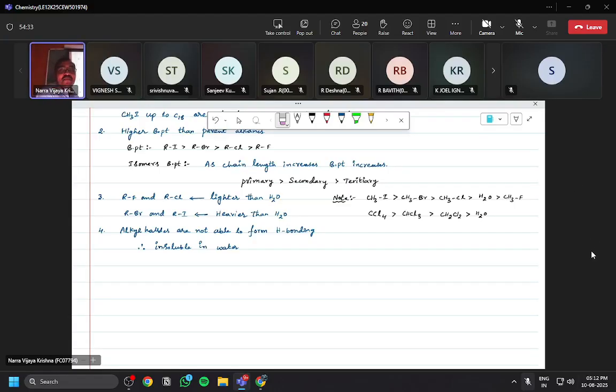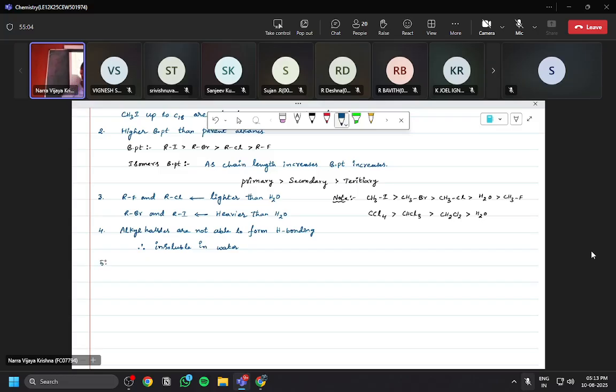If it is boiling point, ortho greater than para greater than meta, they have given in the table, check. So ortho greater than para greater than meta. If it is melting point, I need to exchange ortho and para. Correct or not? So para greater than ortho greater than meta. In both cases, meta is lowest. Check, check. Yes or no? Yes, sir.